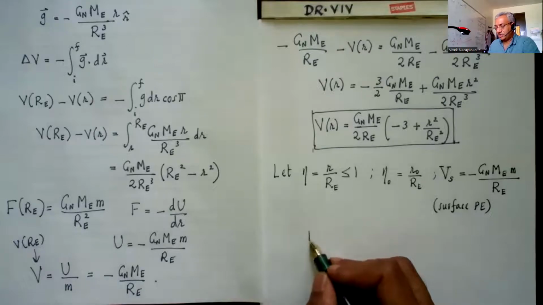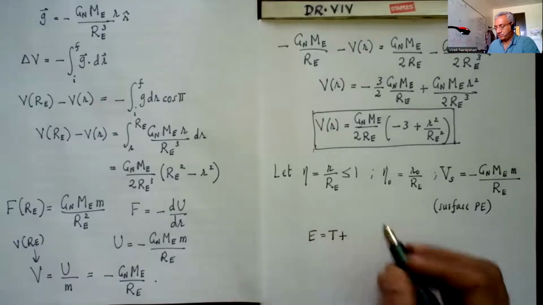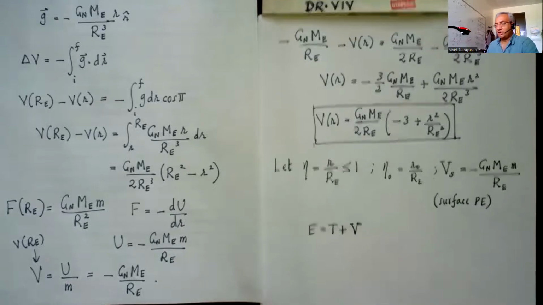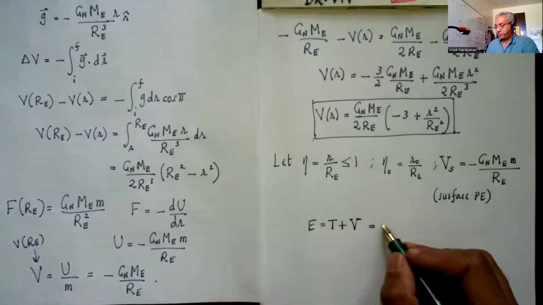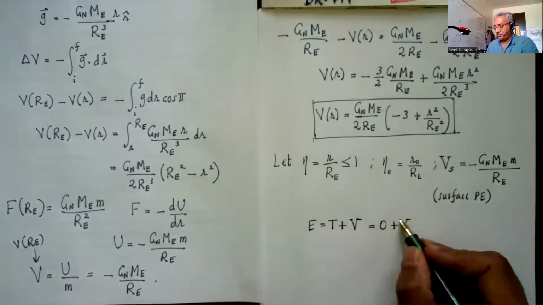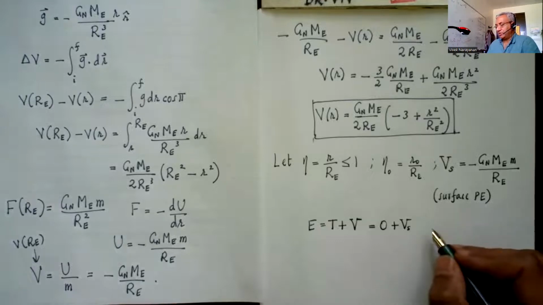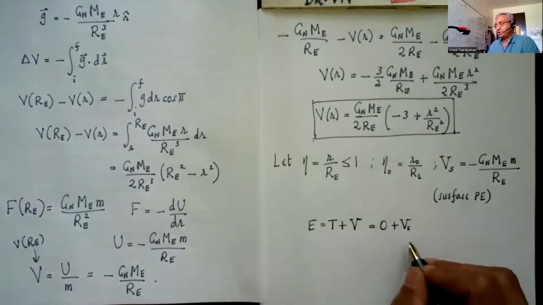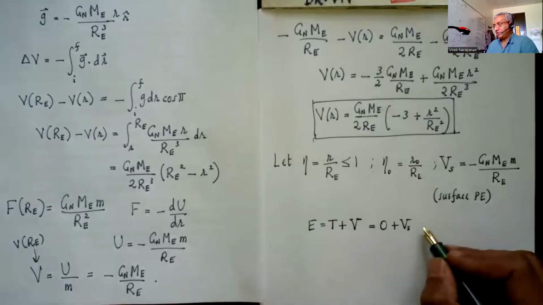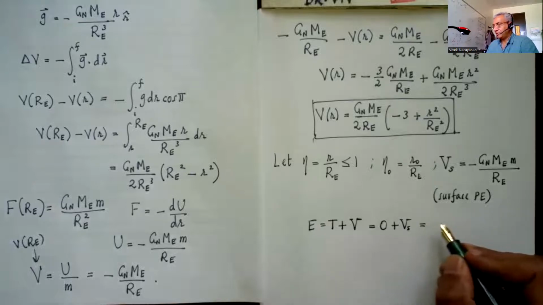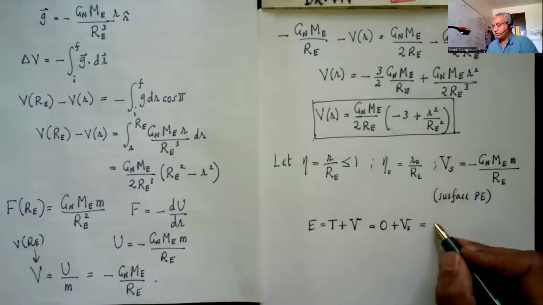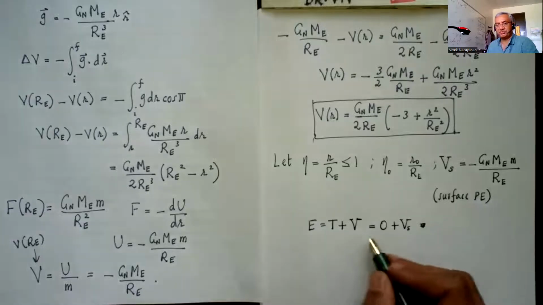So we have E equals T plus V, this kind of V. And that's also going to be 0 plus Vs because it starts from rest. And so that's the total energy. So we know the total energy. And at any given time, the energy of the particle is given by T plus V.